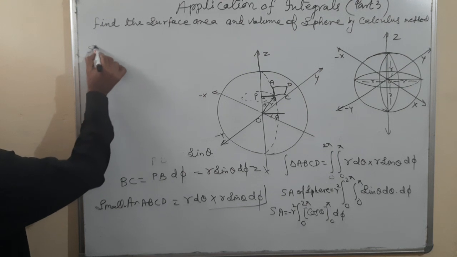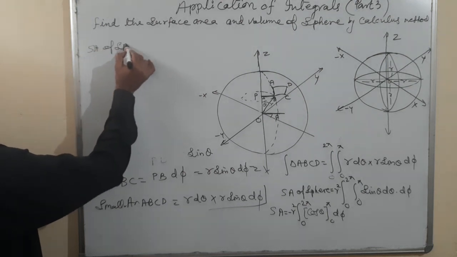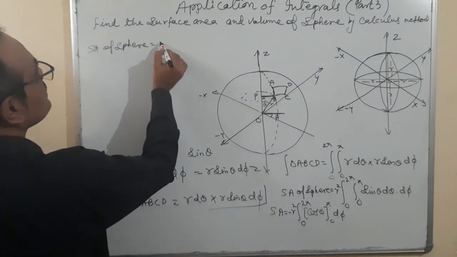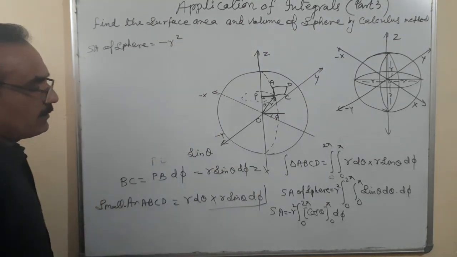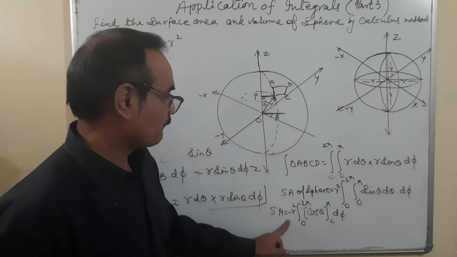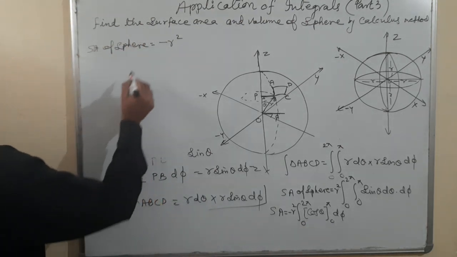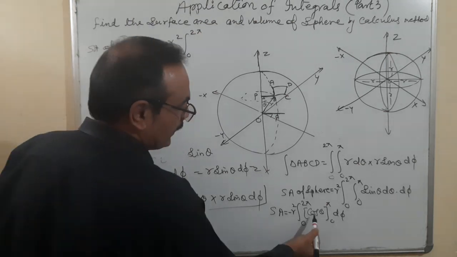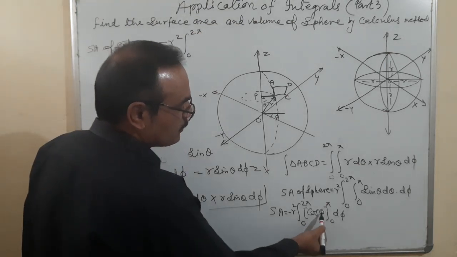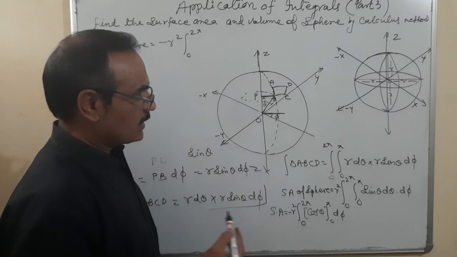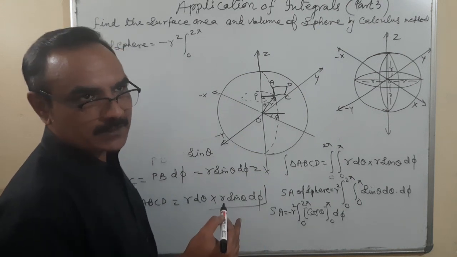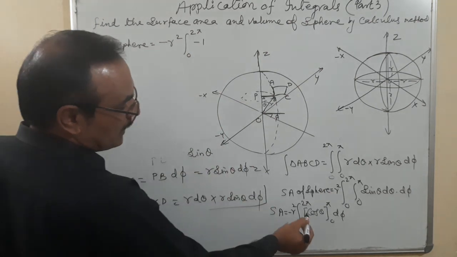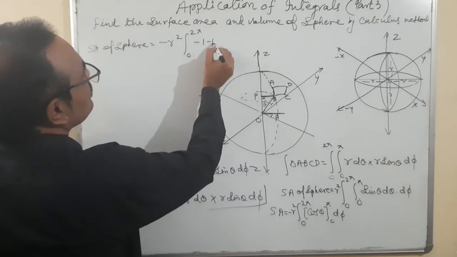Surface area of the sphere is equal to minus r square, 0 to 2 pi, and when I put the limit, cos pi minus cos 0: cos pi means it is minus 1, minus cos 0, it is 1.